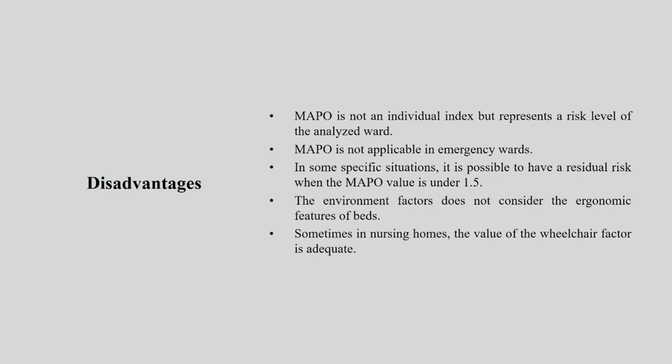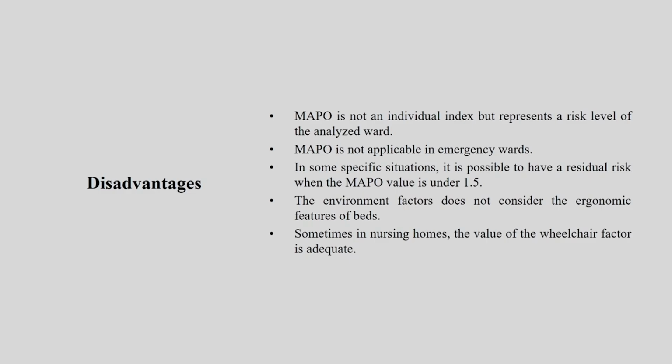There are some disadvantages. MAPO is not an individual index, but represents a risk level of the analyzed ward. MAPO is not applicable in an emergency ward, as I mentioned earlier. In some specific situations, it is possible to have a residual risk when the MAPO value is under 1.5, and the environmental factors do not consider the ergonomic features of the bed.